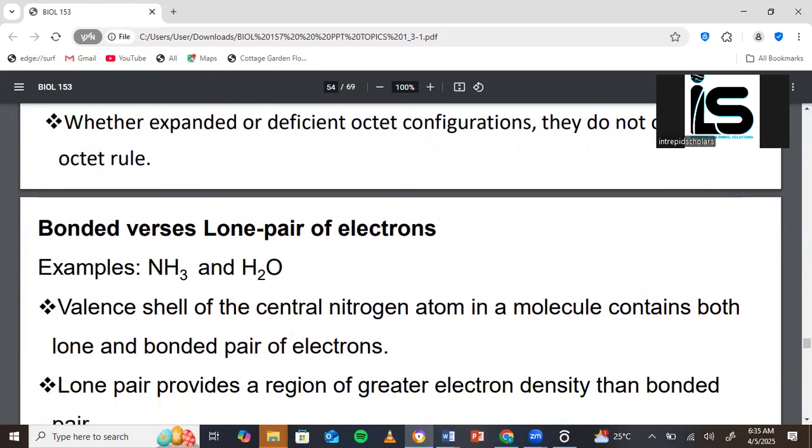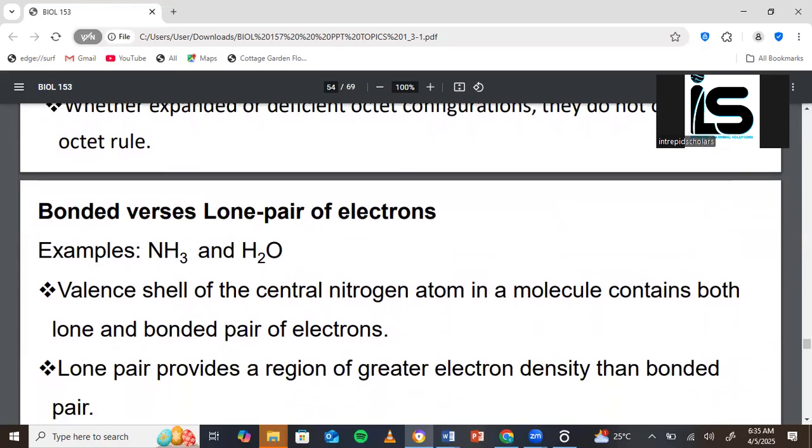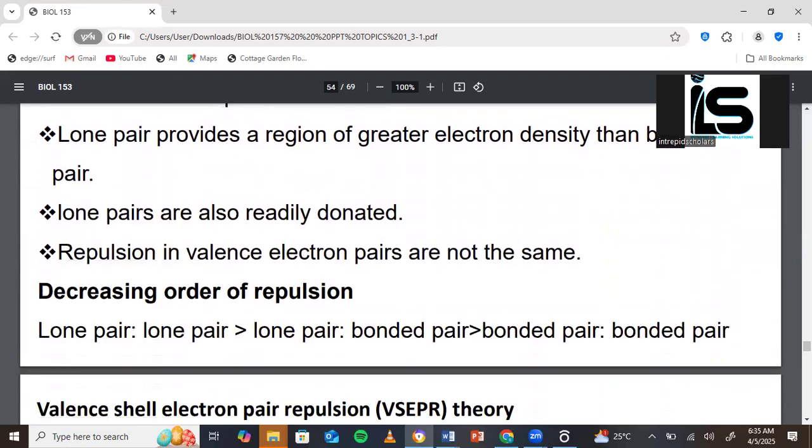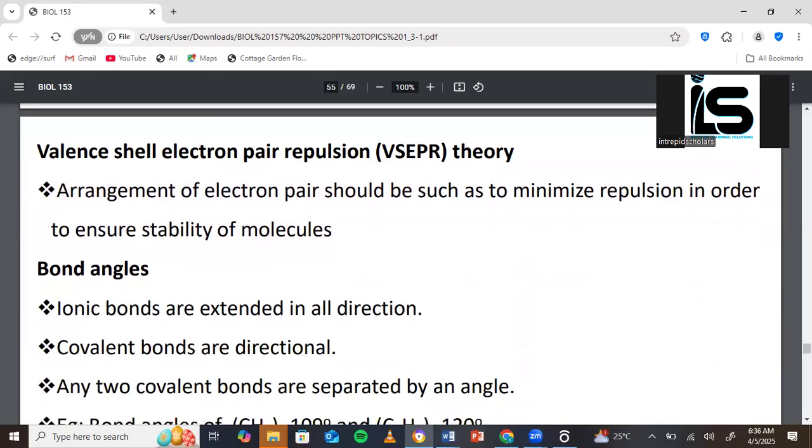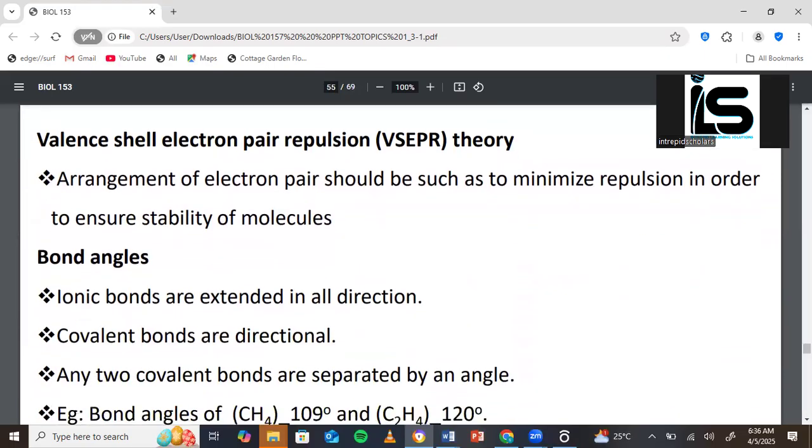We have seen that repulsion in water and then ammonia. In water, we had 2 lone pairs, so the repulsion was higher. That is why we had a bond angle of 104.5, right? And so it always goes that lone pair to lone pair repulsion is greater than lone pair to bond pair repulsion, and then bond pair repulsion. That is what has been illustrated here, right?